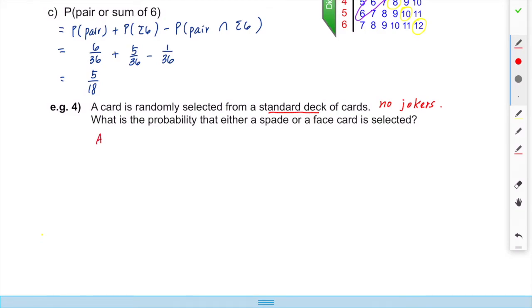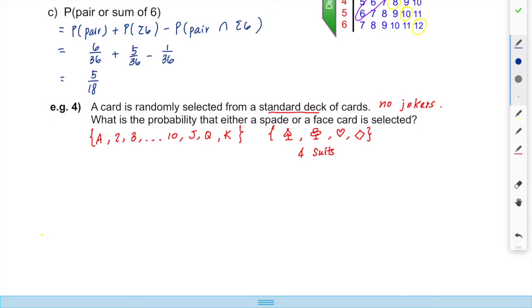You have a 2, 3, all the way to 10, and then Jack, Queen, King. And then, out of all these cards, how many times do they repeat? We have 4 suits, right? Hearts and diamonds, okay? So 4 suits.